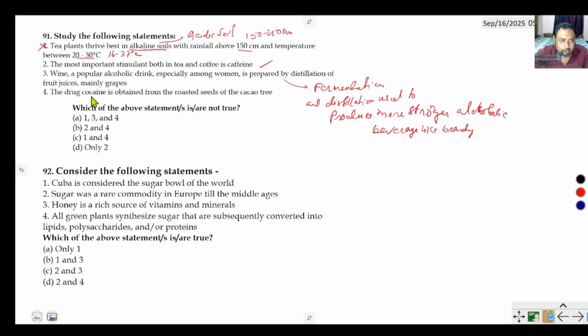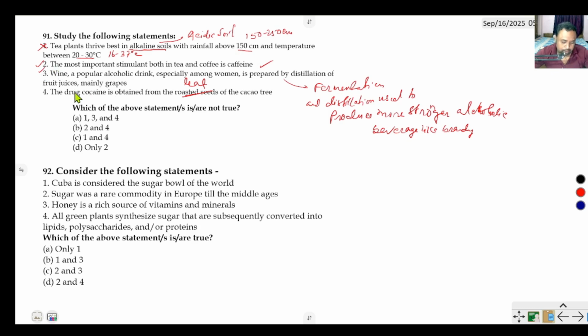The drug cocaine is obtained from the coca leaf, not the roasted seed. Not seed, leaf. So here the correct option is 2 and 3.